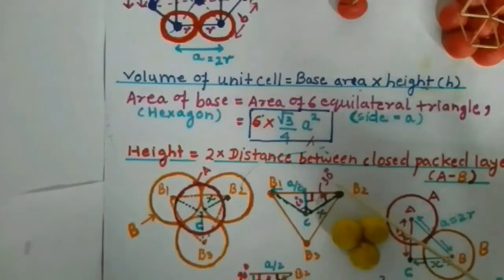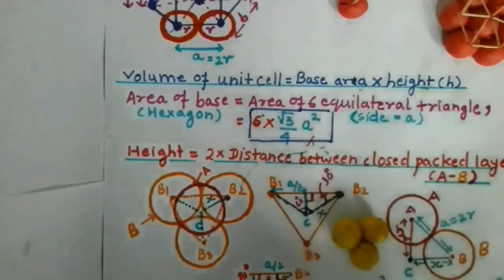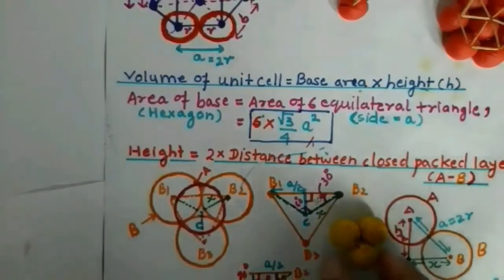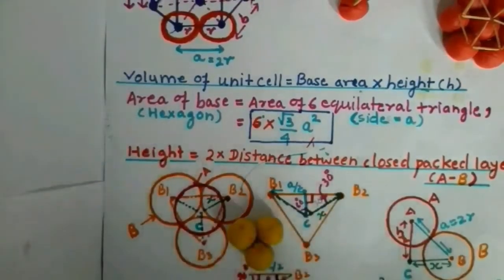Here let us see this diagram. This is an equilateral triangle. Here C represents the centroid. We have to find out the value of X in terms of A. Now this angle will be 120 degree.